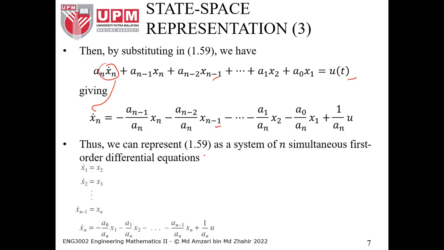Based on the representation of the system and simulations, we can say that x dot 1 is equal to x_2, x dot 2 equal to x_3, and the rest, and x dot n is negative a_0 divided by a_n times x_1 minus a_1 divided by a_n times x_2 and the rest.